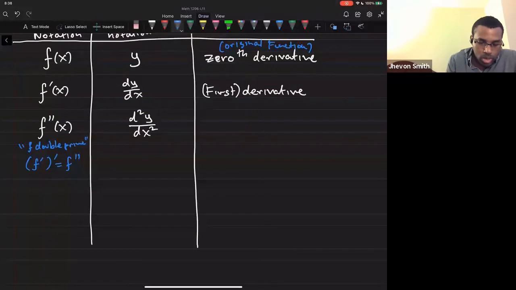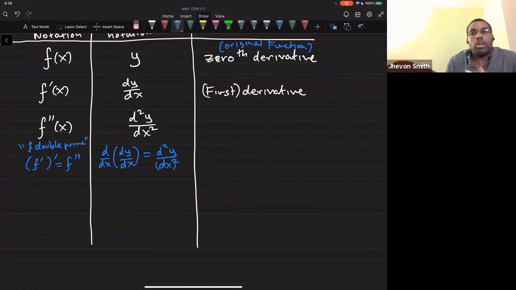For Leibniz, what he had was you have the derivative of a function, and then you take the derivative of that. So your d and the d gives you d squared, and the dx times the dx gives you dx squared. And so that's how you can get these kinds of notations. So this guy's called the second derivative.